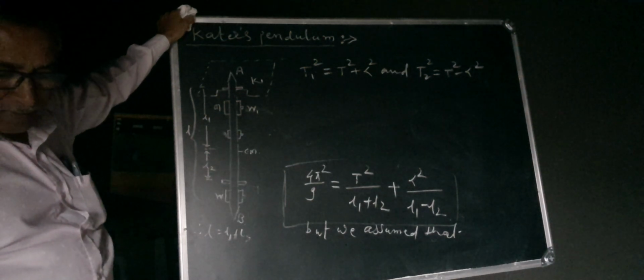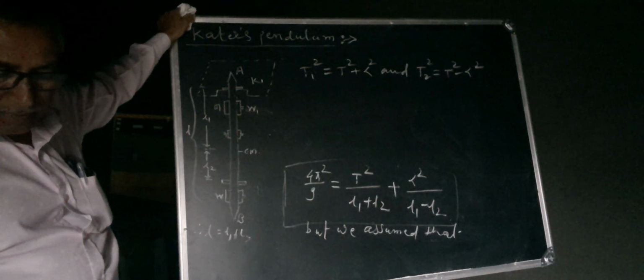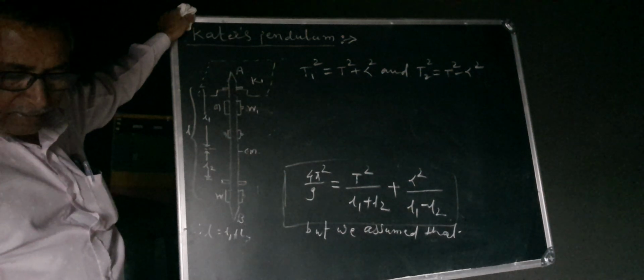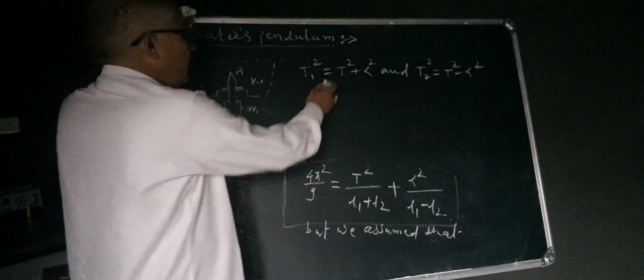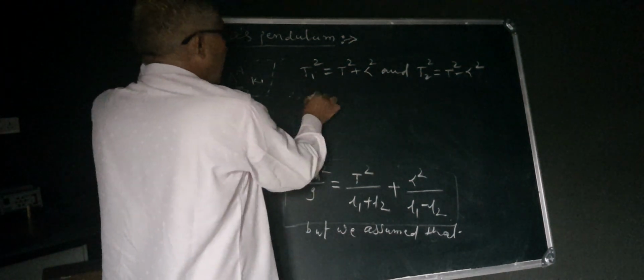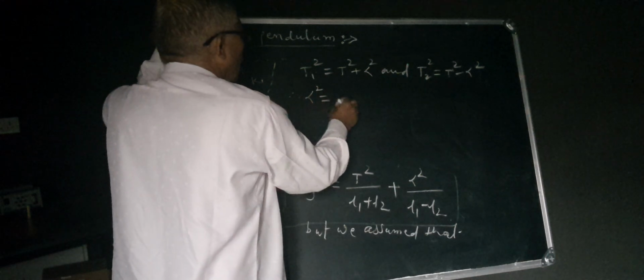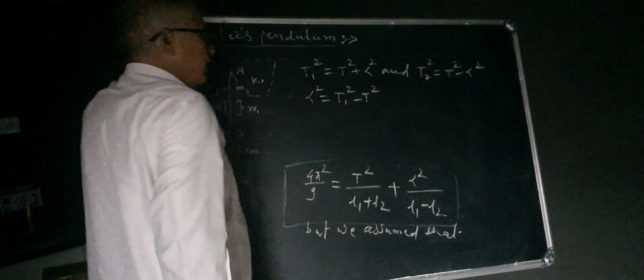Now I can write from this equation that alpha square equals T1 square minus T square.